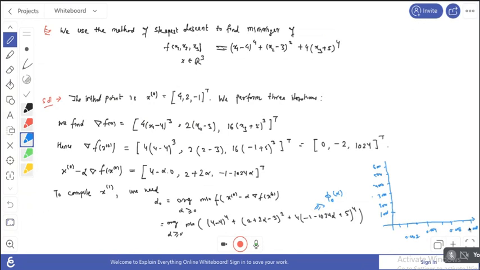This direction is your alpha, and this is your function value phi 0 of alpha. If we plot this graph in MATLAB, we find the minimum value of alpha.